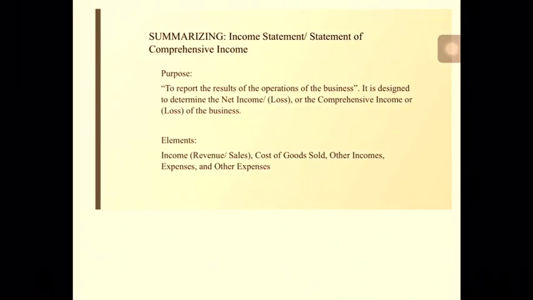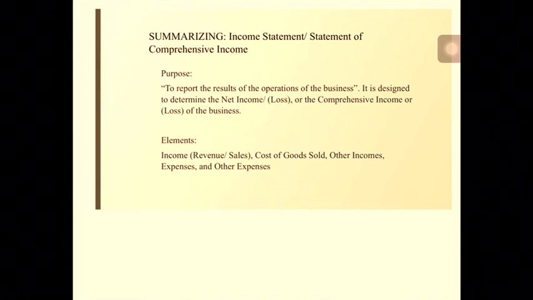For the income statement or statement of comprehensive income, generally the purpose in preparing this financial statement is to determine the results of the operations of the business.